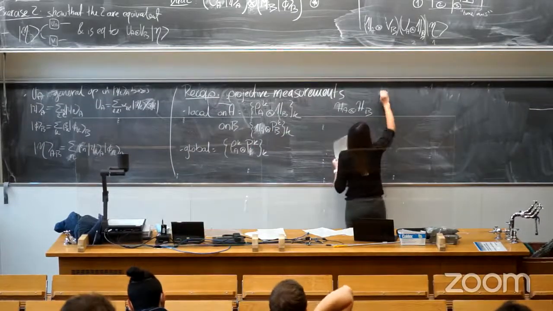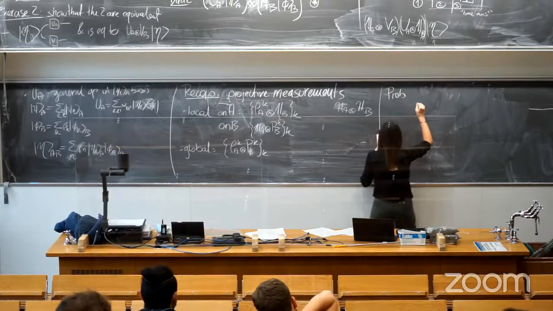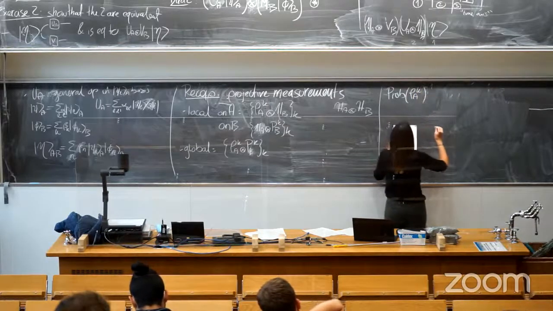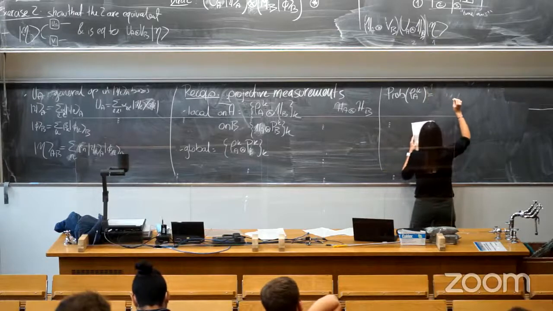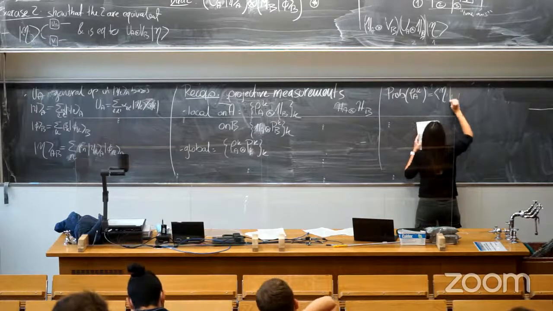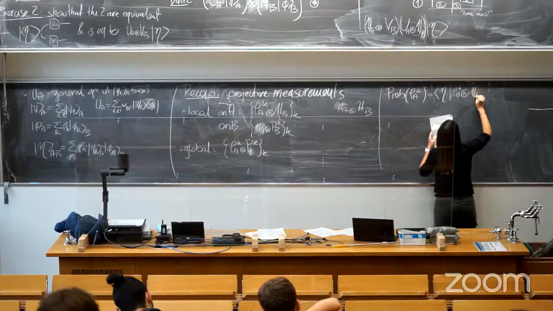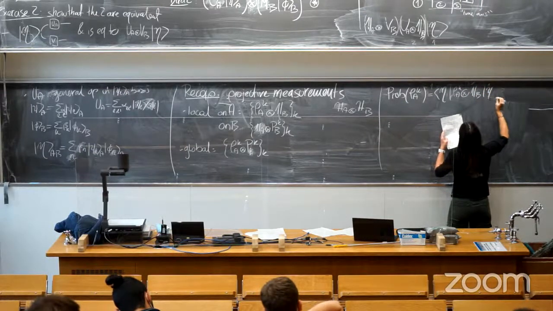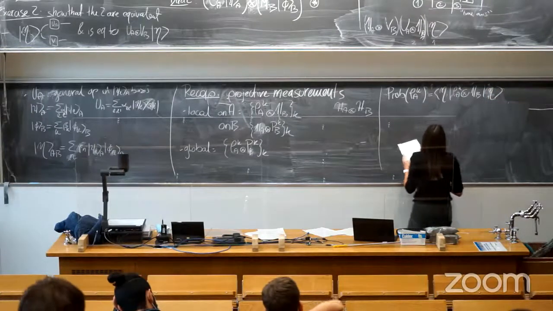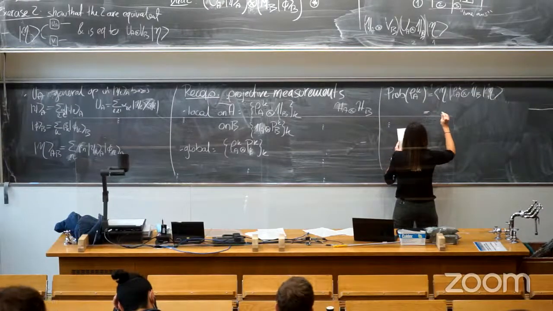The probability of P_A,K, so that the state is in this, will be, if eta is my state, exactly this operation, the tensor product with identity on B of eta, and this simplifies.